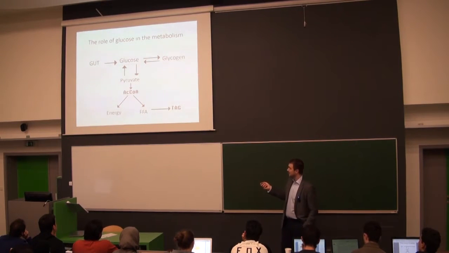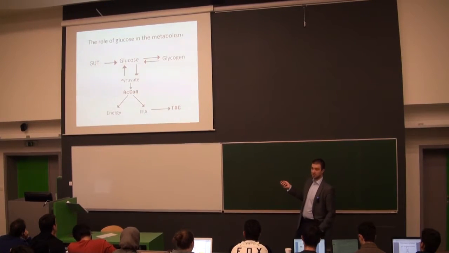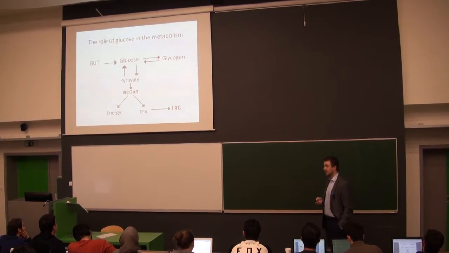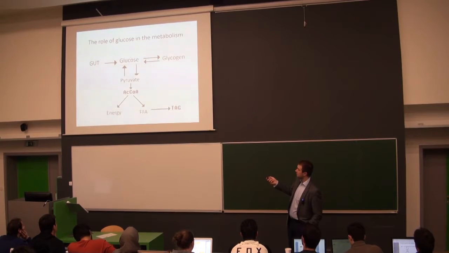And here you can decide whether you will produce energy in Krebs cycle and respiratory chain, or whether you will transform acetyl-CoA molecules to fatty acids, and they will esterify glycerol, producing triacylglycerols. Therefore, if you have, for example, a meal that's very rich in glucose, then the fate is quite simple.